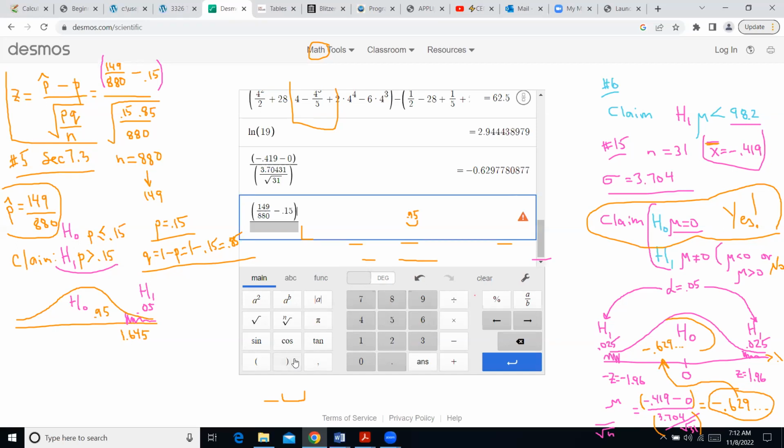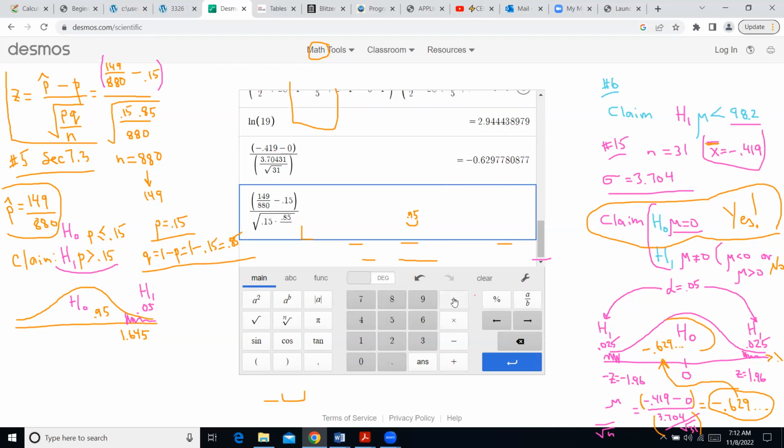So that's the parentheses. And now I'm going to the denominator and put a square root. Inside the square root there'll be a product of 0.15 with 0.85, and then divided by 880.